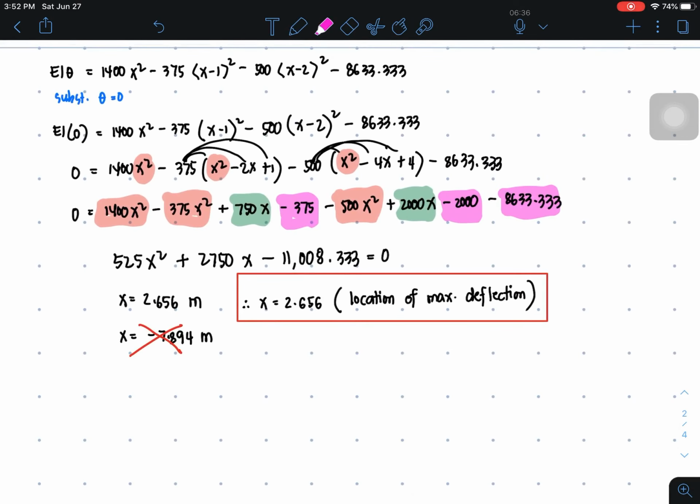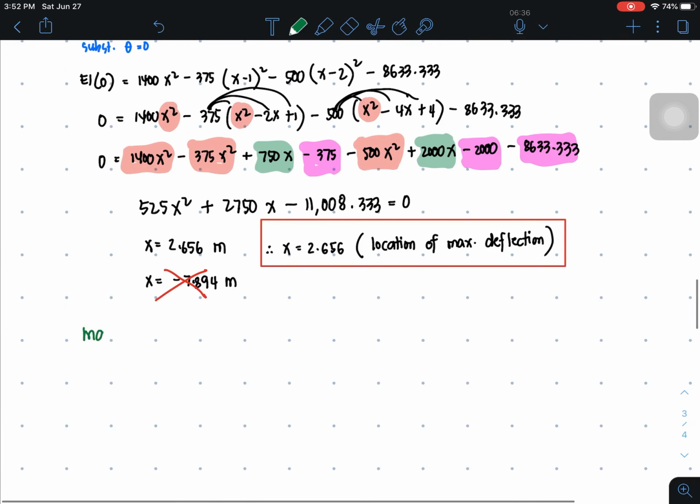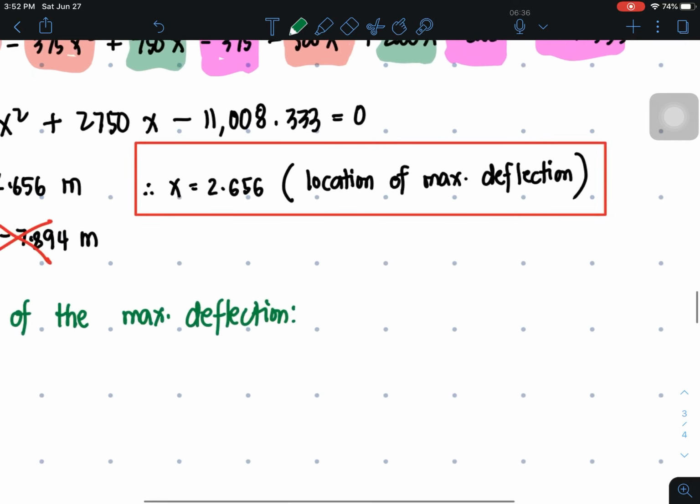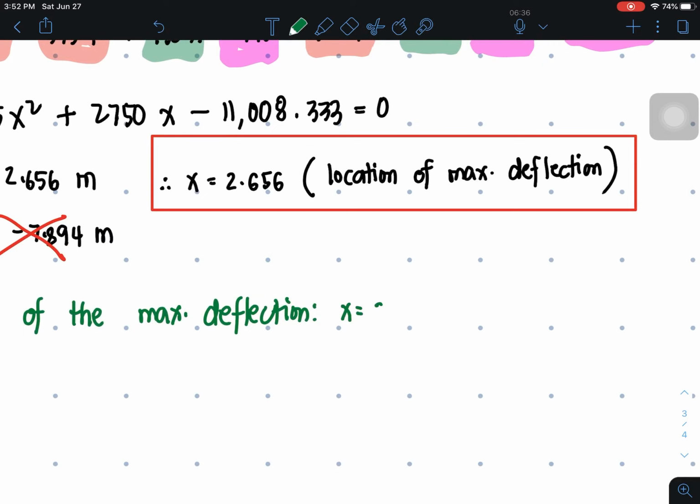But we're not done yet. Why are we not done yet? Because we don't have the magnitude of the maximum deflection yet. So how do we say it is the maximum deflection when x is equal to 2.656 meters?